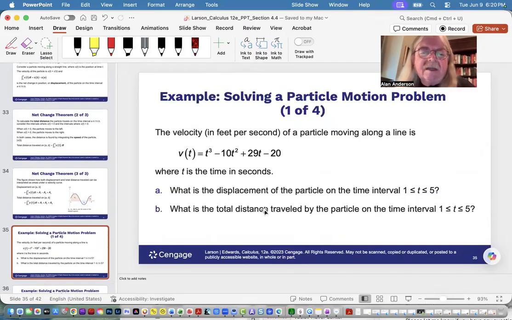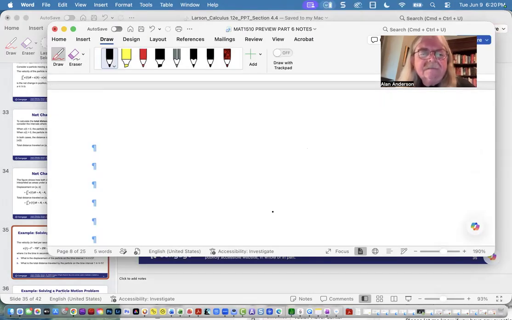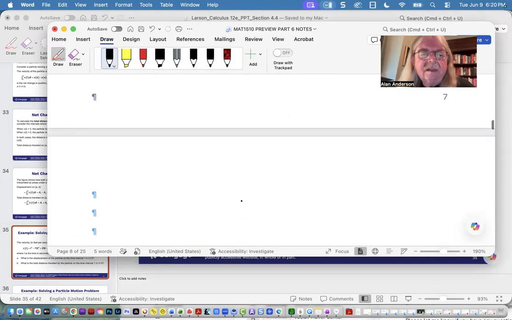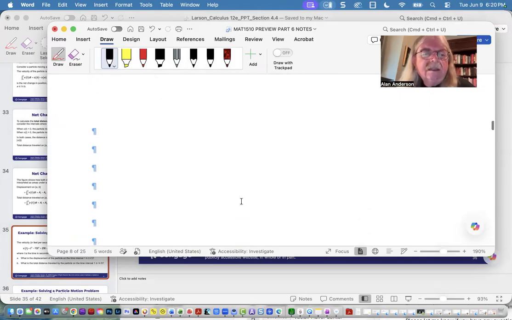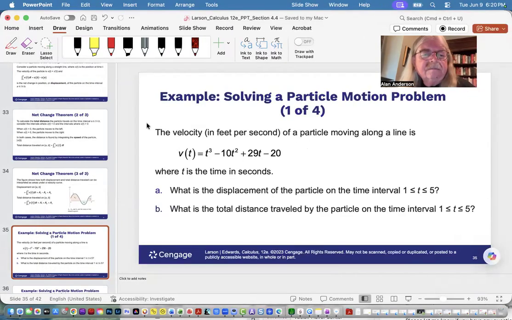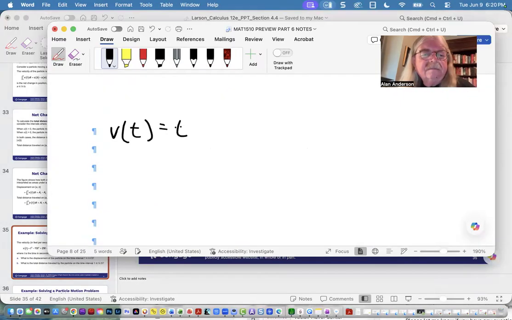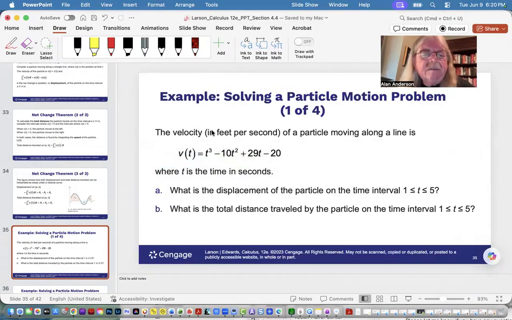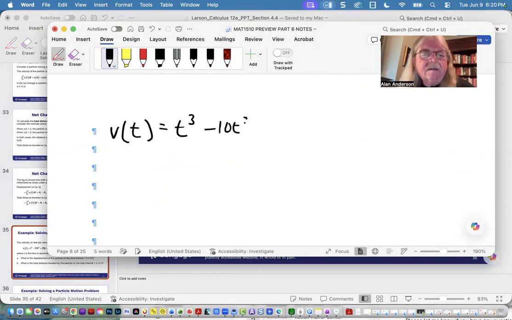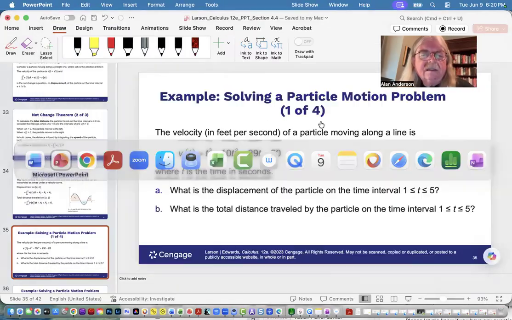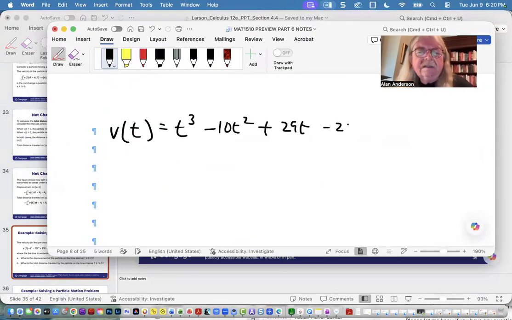All right, here's an example. Velocity. Yeah, so Newton would be proud of this example. t cubed minus 10t squared plus 29t minus 20.